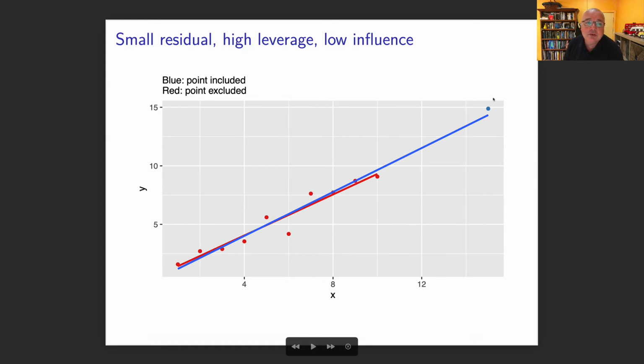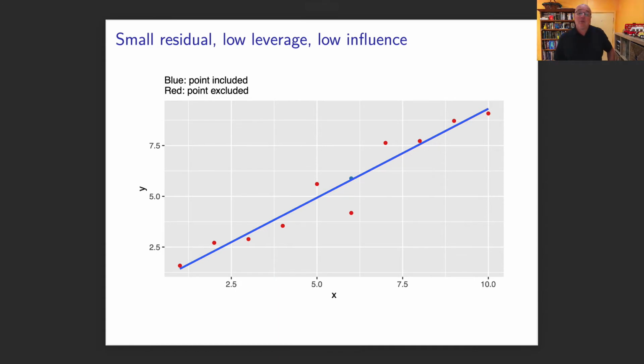So huge leverage, small residual. Again, the red line and the blue line are pretty similar. It's not having a big problem. And then finally, here's a normal point to some extent: small residual, low leverage, makes no difference. If you look very carefully, you can see the red line just under the blue line.